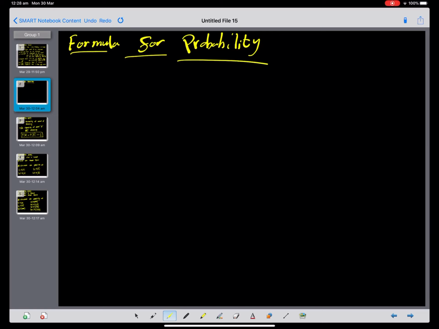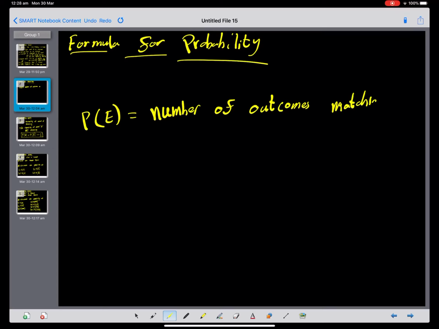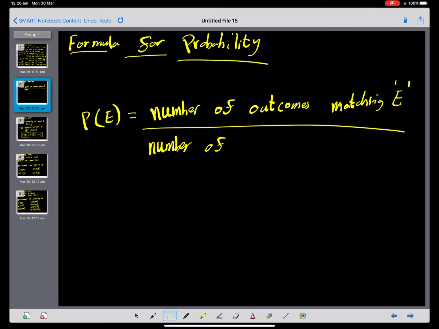Okay, so the probability of E is equal to number of outcomes matching E, all over number of outcomes in sample space.